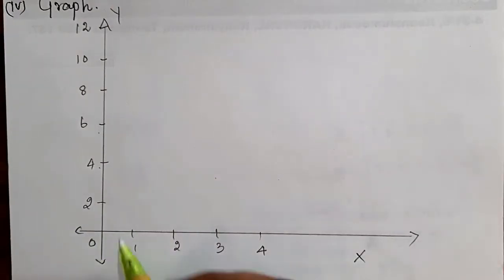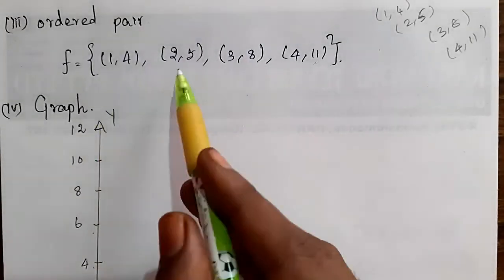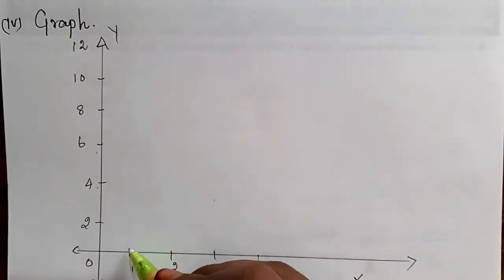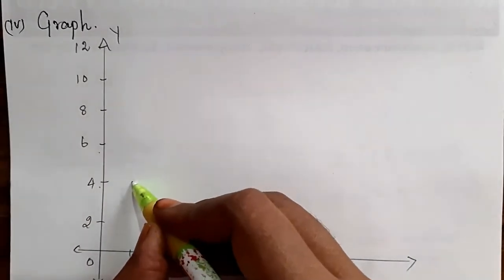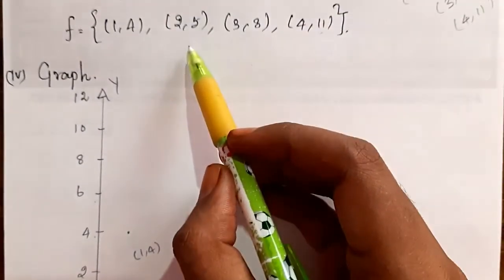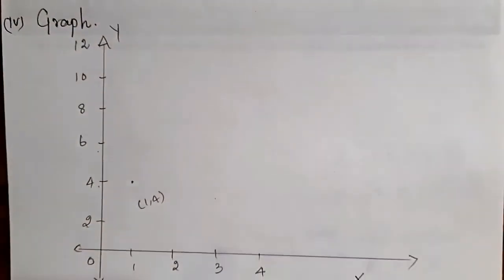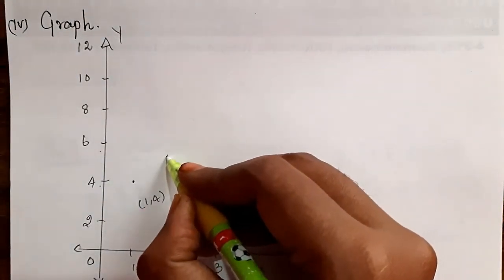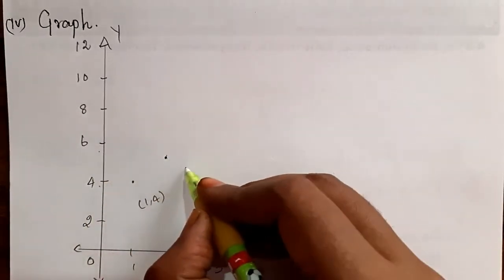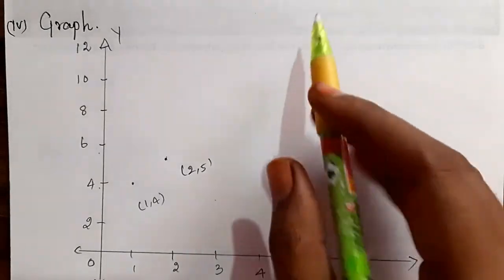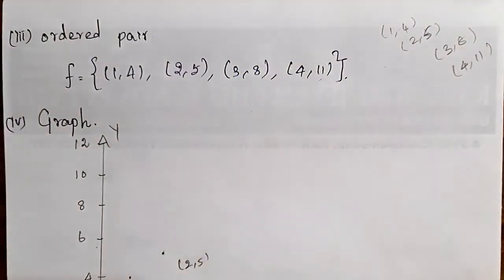Okay. We can plot the points now. So 1, 4. Where is 1, 4? On the x-axis 1, on the y-axis 4. So it is 1, 4. Next one is 2, 5. So 2, then the 5 value is in between 4 and 6. So here in the middle I mark 2, 5. Next one is 3, 8.